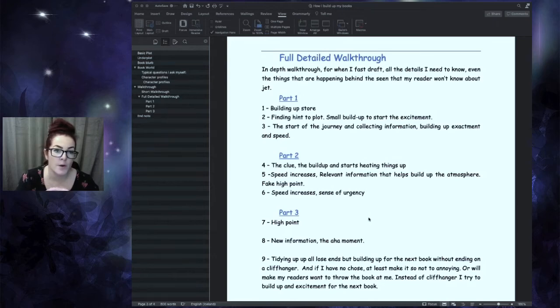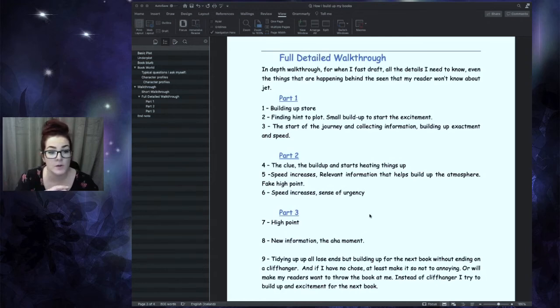So I cut my book into three parts of about 18K each and use this guideline. In part one, I build up the story. Then I start hinting at the plot, what the basic theme of the story will be, and start building minor excitement, giving a little start to the pace so people can feel the small build-up. Then the journey starts, collecting information and building up the speed.